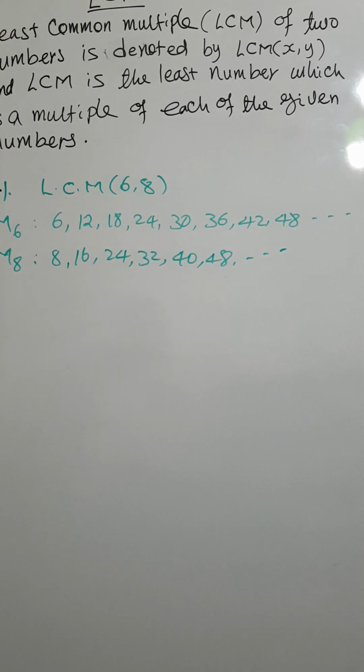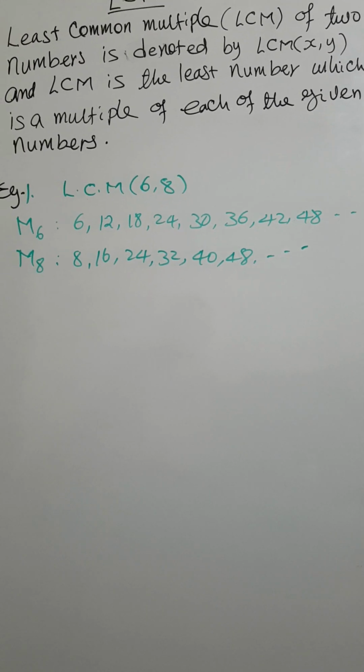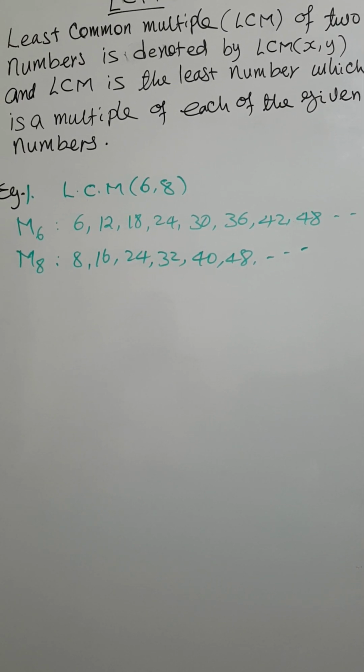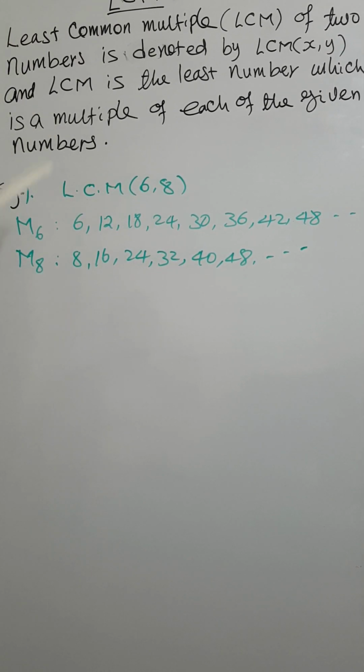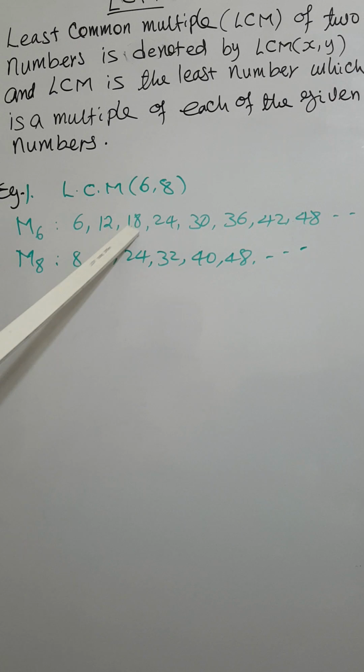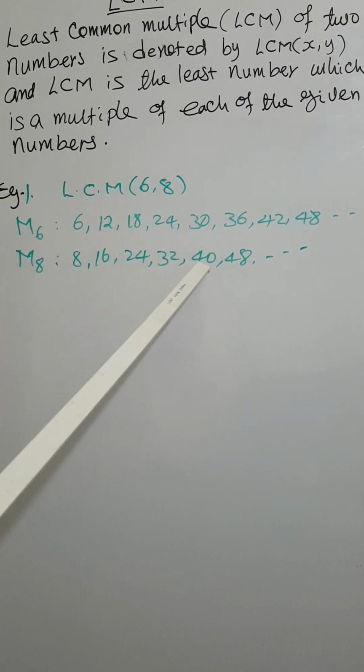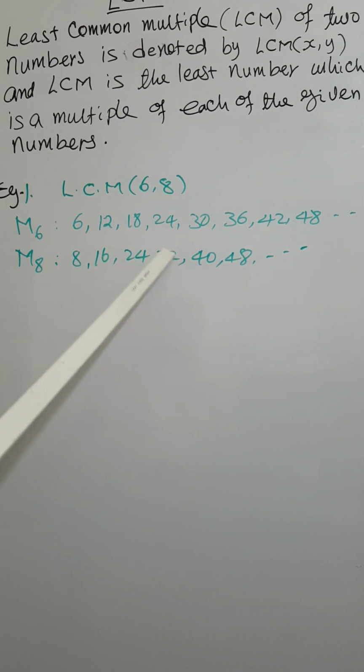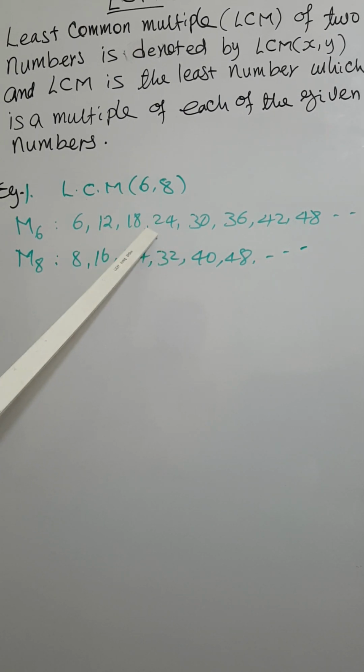So LCM means the least number which is a multiple of the given numbers. Here, these are the multiples of 6, and these are the multiples of 8. Of the common multiples, 24 is found to be the least, because there are no 6s, no 12s, no 18s here, and there is 24.